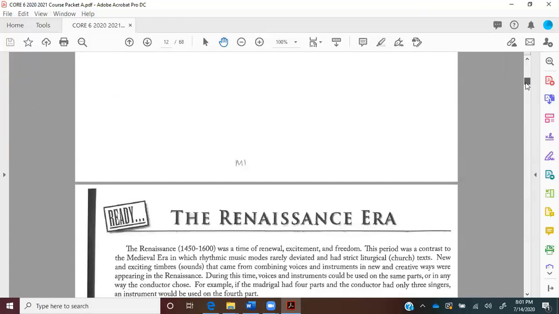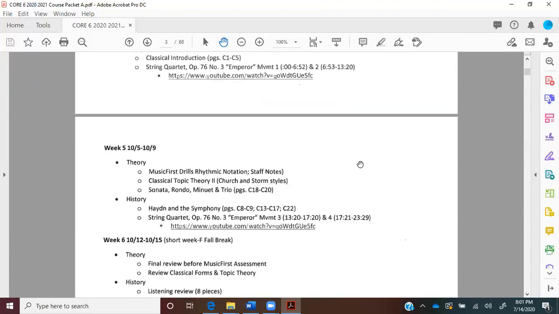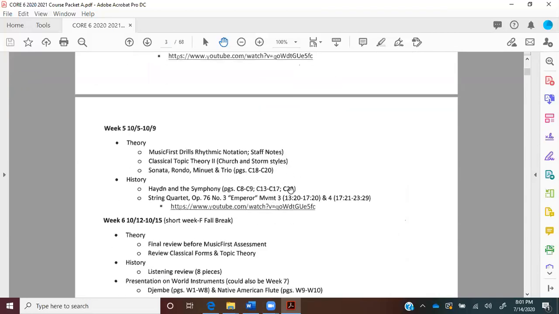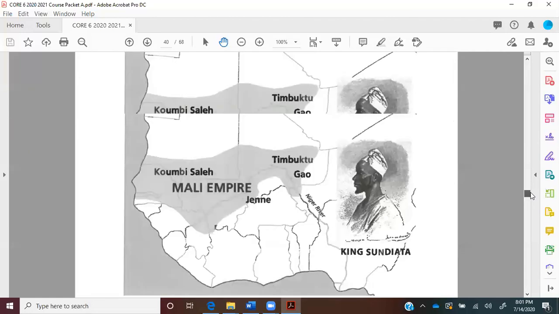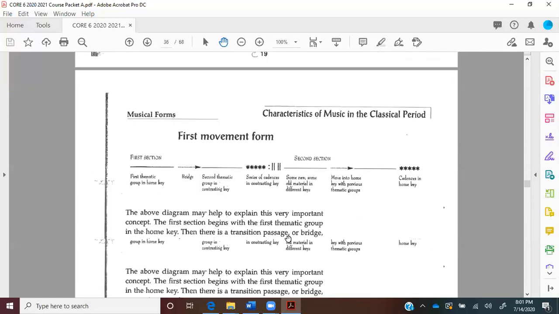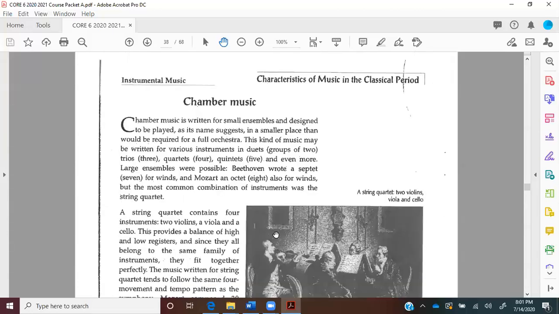And let me just double check that we've covered everything for week 5. 22. It looks like we need 22. I thought so. I thought there was maybe one thing we didn't have. Aha, chamber music. Okay, perfect.